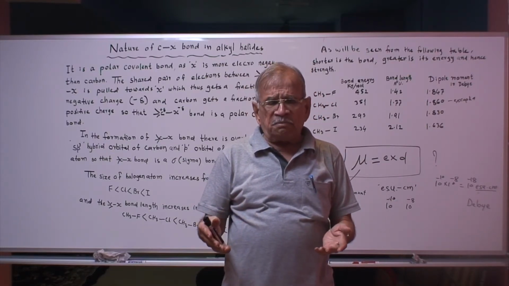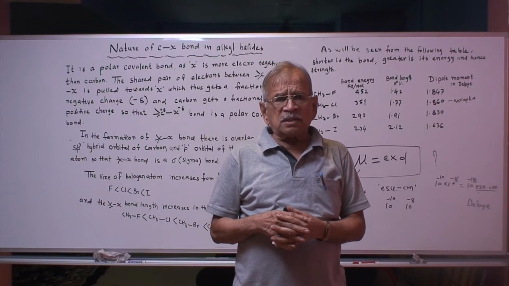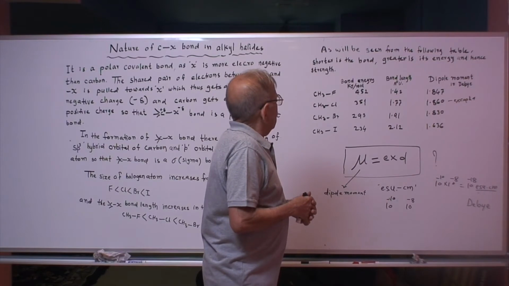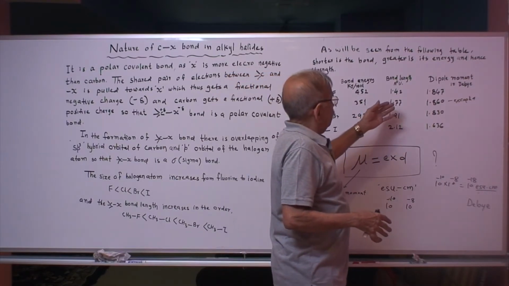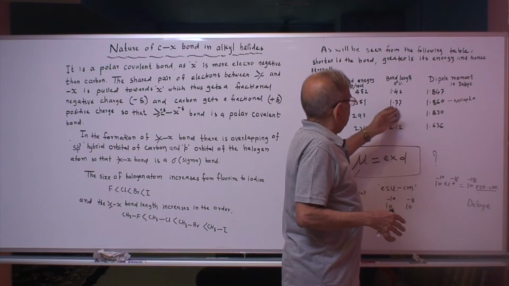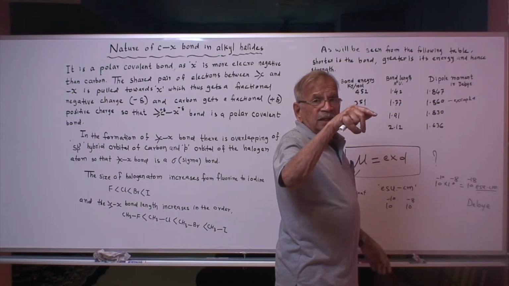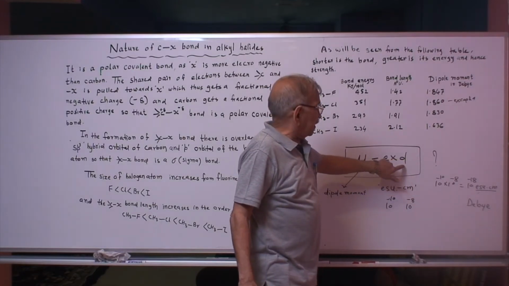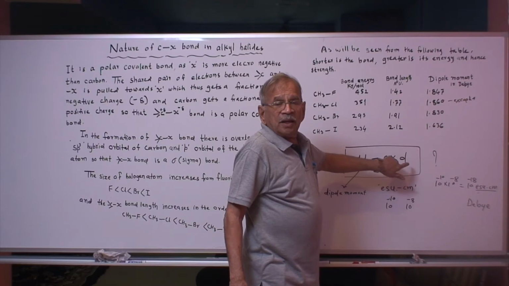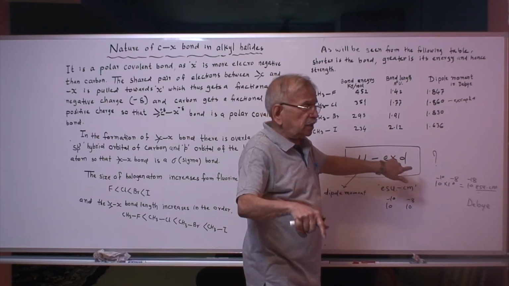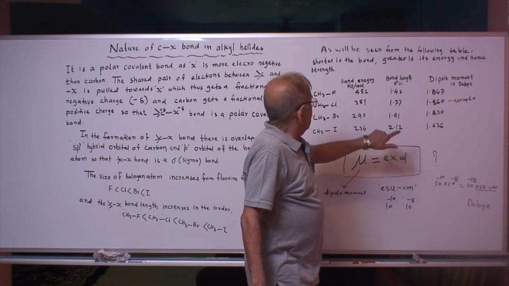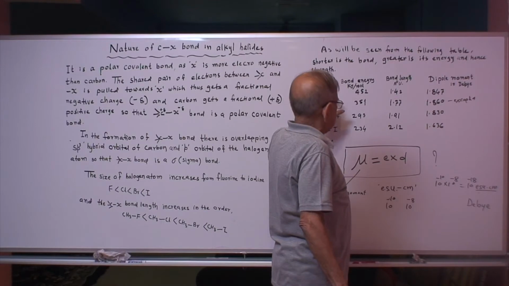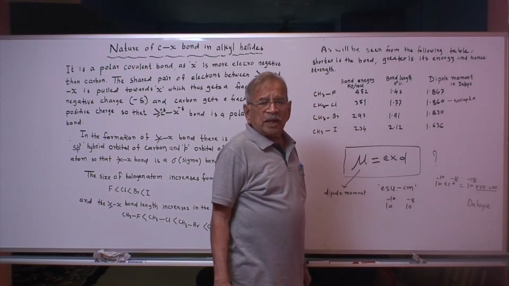The answer is very simple. This is because there is much difference in the bond length of fluorine and chlorine. One is 1.42, the other 1.77, and in the expression for dipole moment, we take into account the factor of distance, d. Because there is an increase in the value of d for the C-Cl bond in methyl chloride than the C-F bond in methyl fluoride.